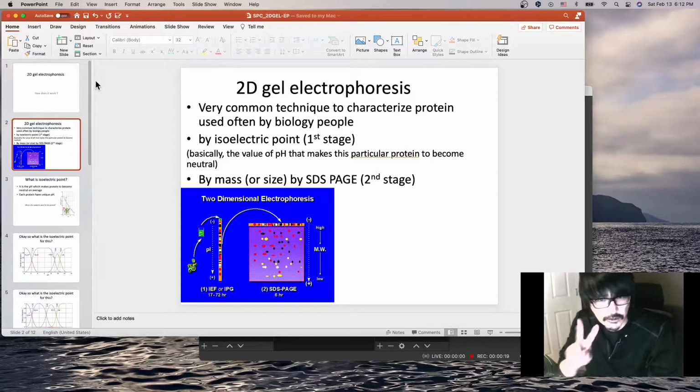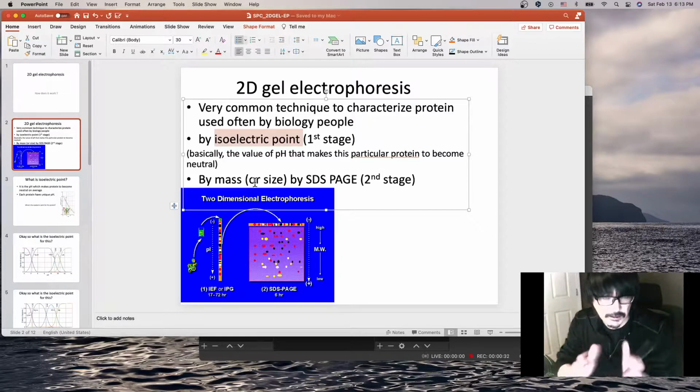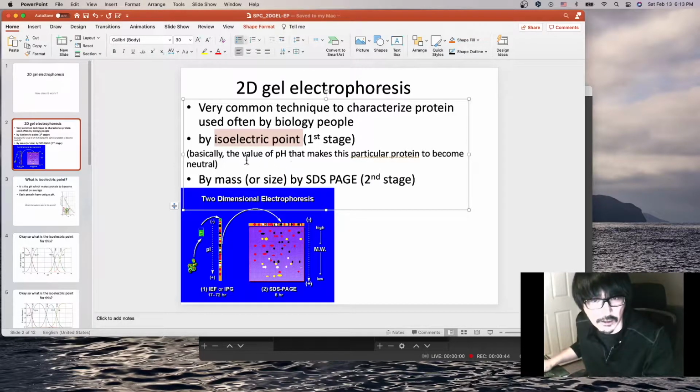When I say 2D, that means it has two separation stages. The first one is the isoelectric separation. What it means is that they look for the pH at which the molecule becomes neutral. That's called the isoelectric point.